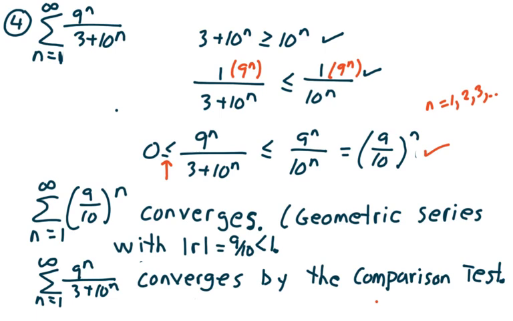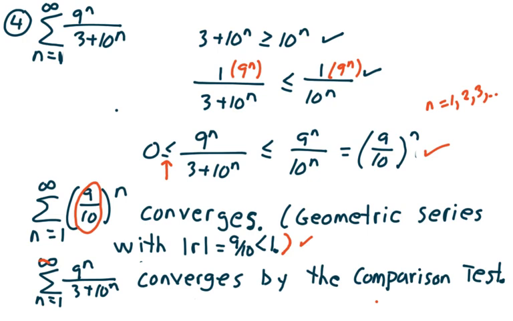And this is a geometric series with the absolute value of r equal to 9/10, which is less than 1, which I fully acknowledge is a mouthful. So the summation from n equal 1 to infinity of 9 to the n over 3 plus 10 to the n, this series converges by the comparison test.